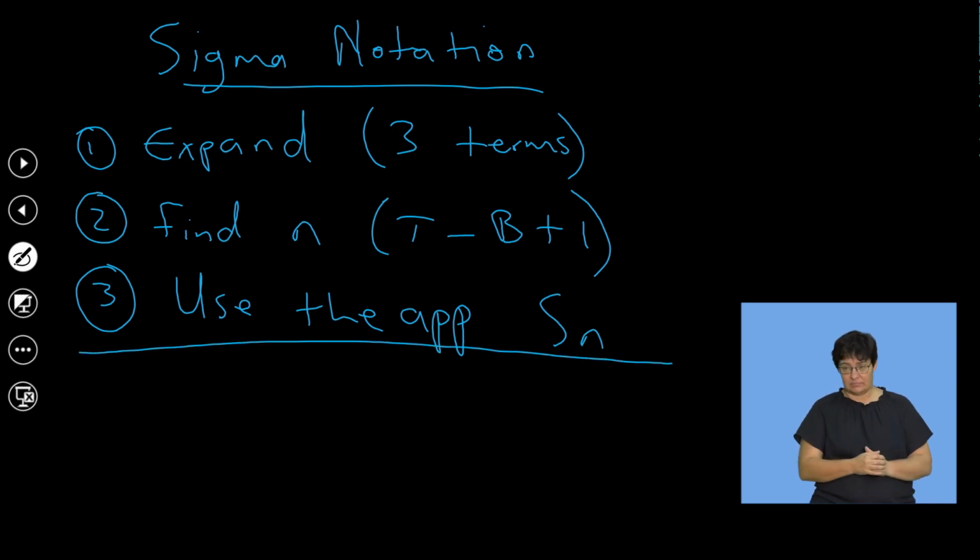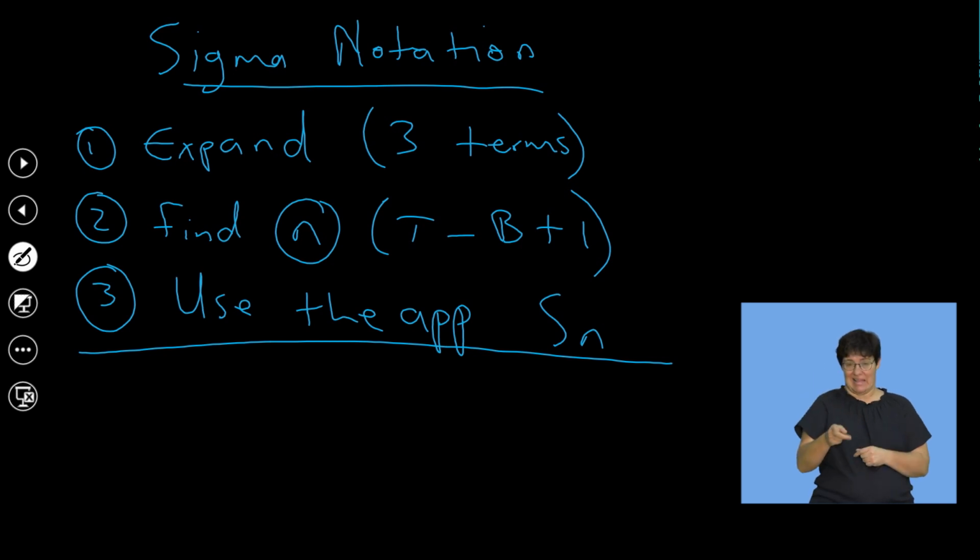Now, the other thing will be when they say to you then write the series in sigma notation. That's another thing. Writing the series in sigma notation, then you actually don't follow these steps that I have here. Instead of you expanding, it will already be expanded for you. You then definitely need to know the number of terms, right?